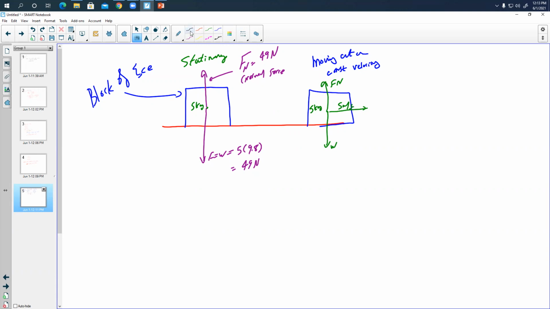So according to Newton's law, there is a net force acting on both of them.